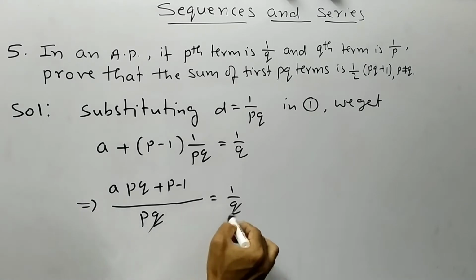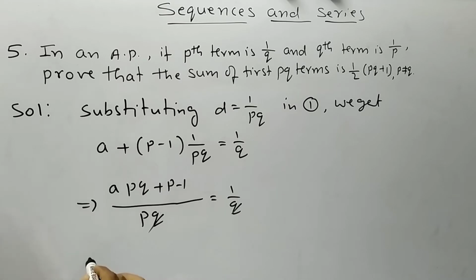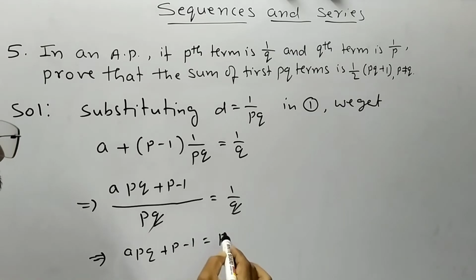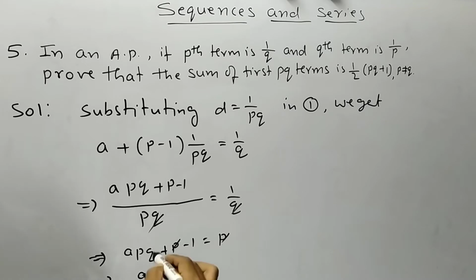So q and q we can cancel, implies a pq plus p minus 1 is equal to p. P and p will get cancelled, implies a is equal to 1 by pq.